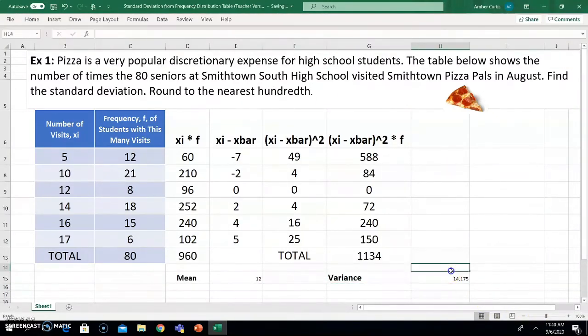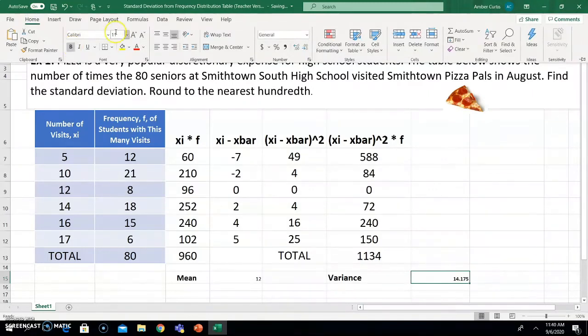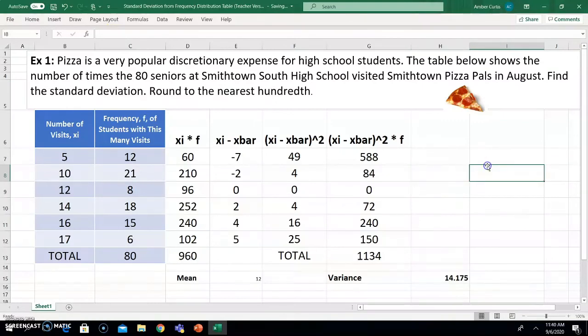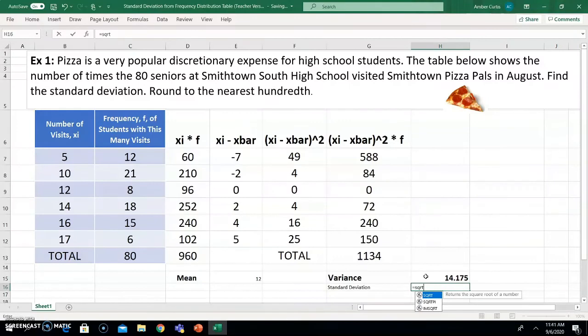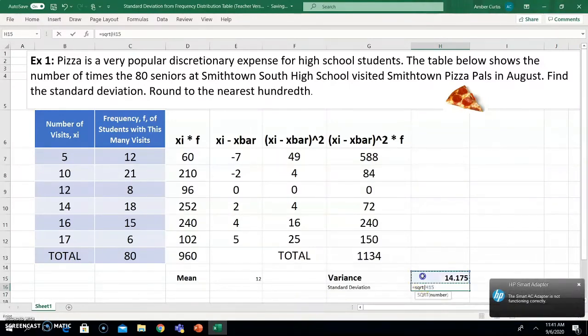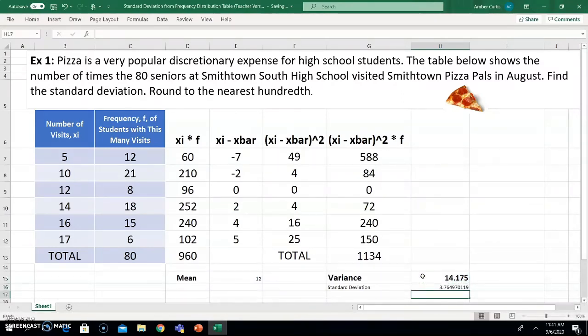Now, we don't want just the variance. We want the standard deviation. If you remember from before, the standard deviation is the square root of the variance. So I'm going to put right below the variance, standard deviation. I'm going to take the cell above it, and at first I'm going to type equals, and then square root, which is SQRT, and then highlight the cell we got for the variance.